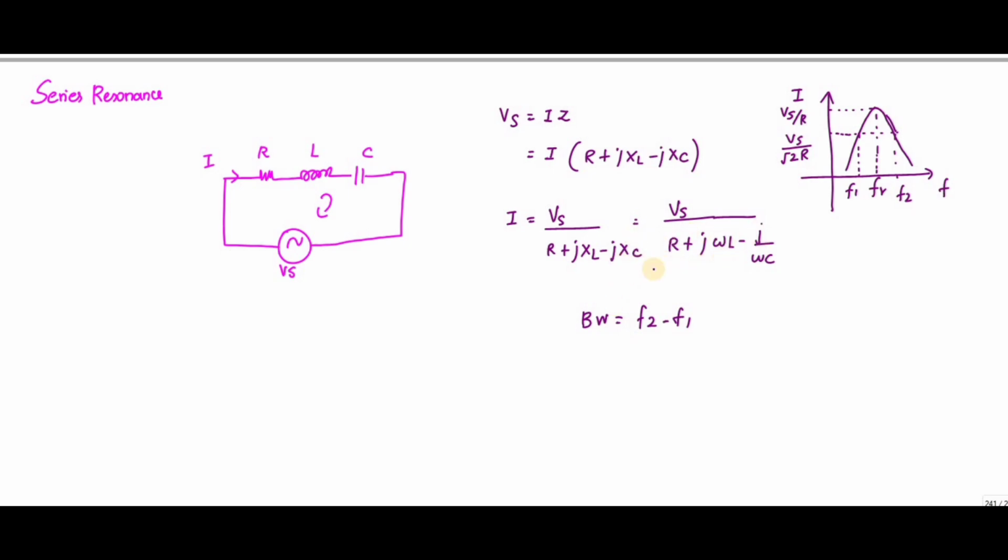Okay, so I can write Vs divided by root 2 R is equal to Vs divided by R plus j omega L minus j by omega C. So Vs gets cancelled out.